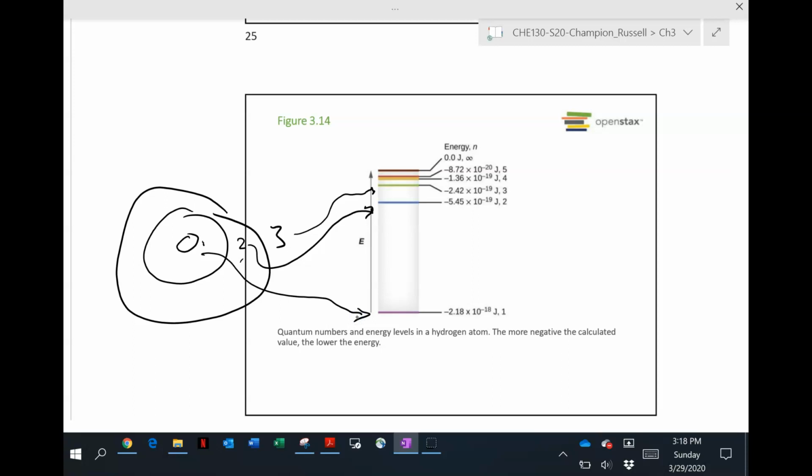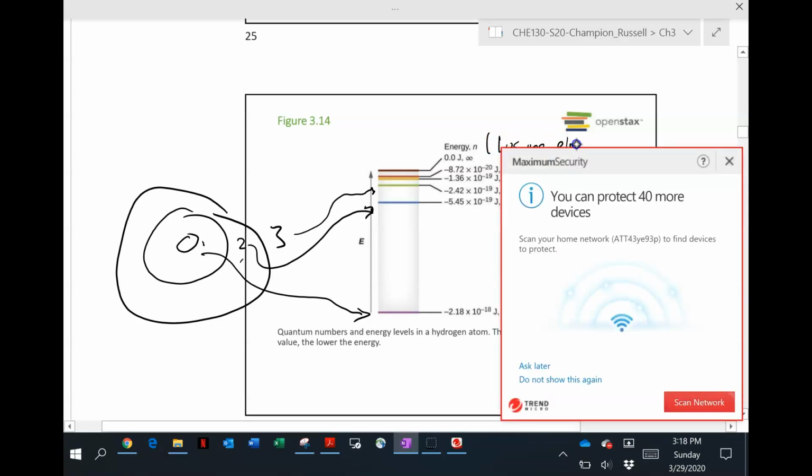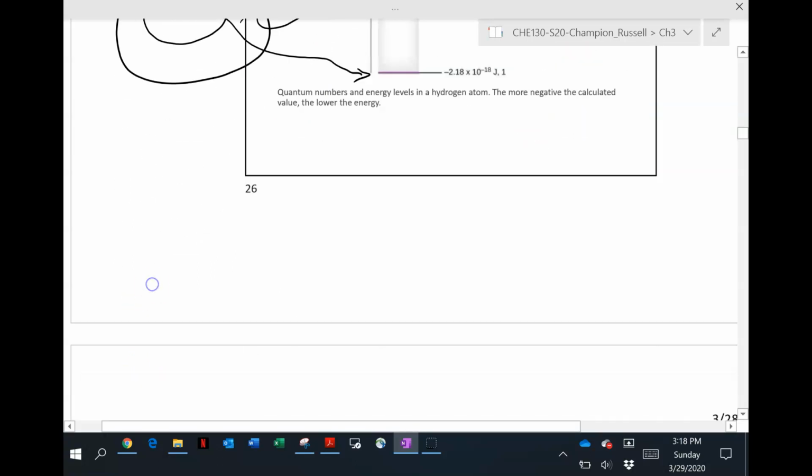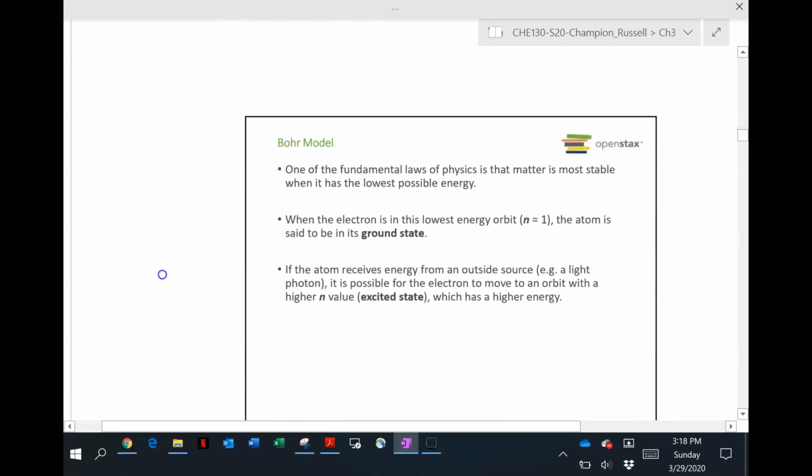So basically 0 would be losing the electron completely. And so it would take 2.18 times 10 to the negative 18 joules to knock one electron completely off of a hydrogen atom. And we can look at the differences between those and figure out what the energy difference is, and thus what the frequency and the wavelength of the light would be.